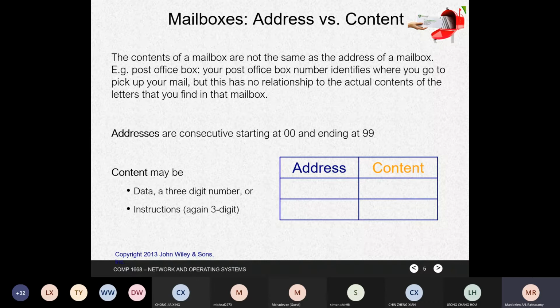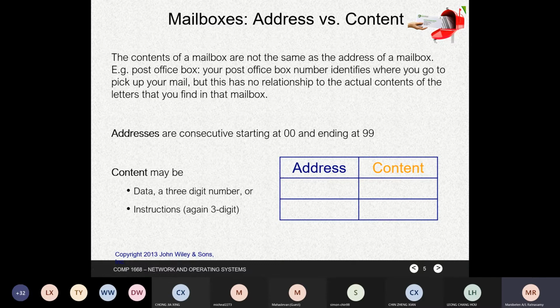The contents can be anything. So with that understanding, your recording or tracking will be something similar to this. You will have the address and you will have the contents. We are looking at the content. The content may be like what I told you earlier.